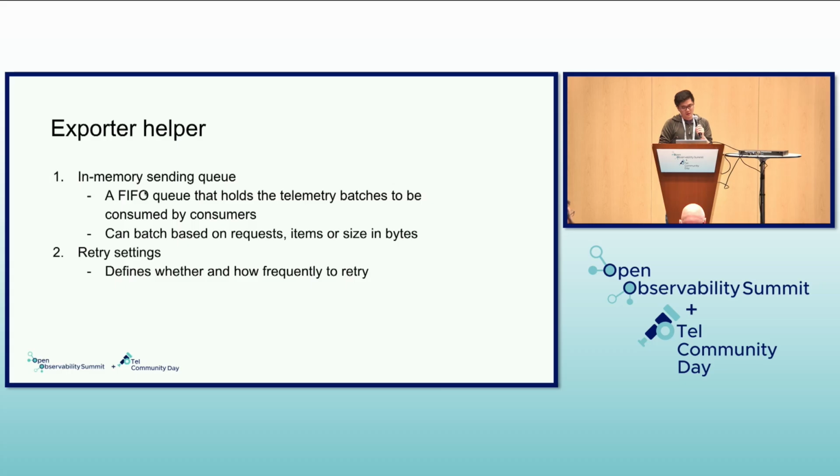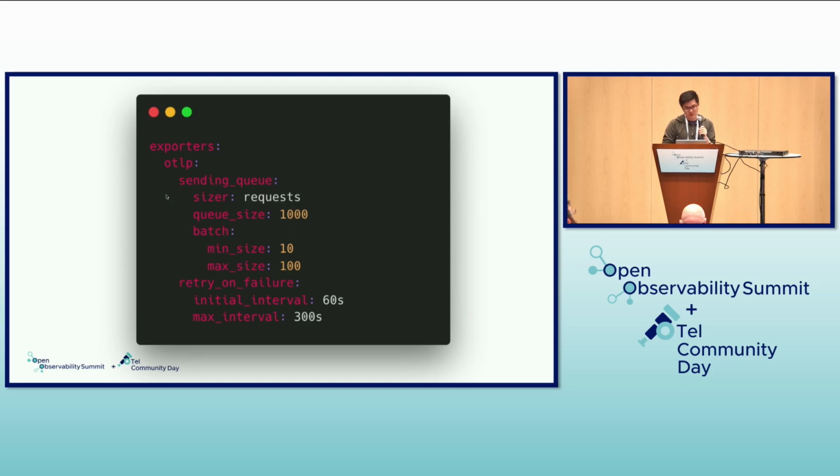In addition to the sending queue, you can also configure the retry settings in the exporter helper. By default, the OTel Collector exporter helper has a 5 seconds initial delay and a 300 seconds overall retry timeout. All of those can be tuned with a configuration like this.